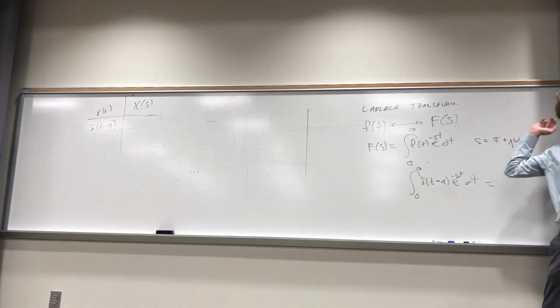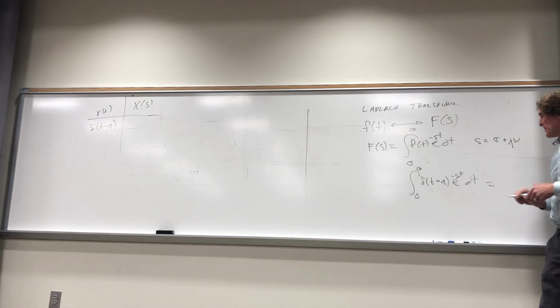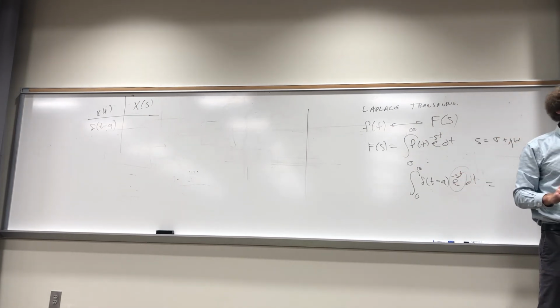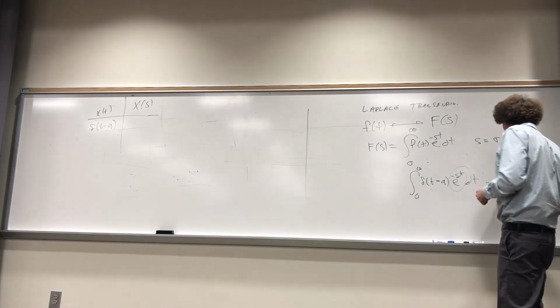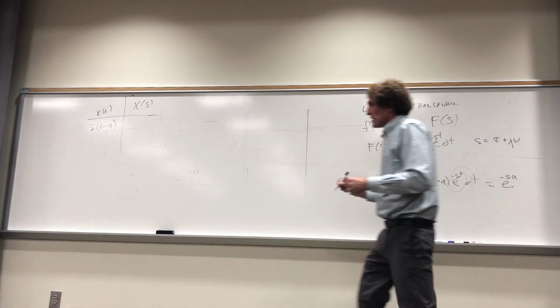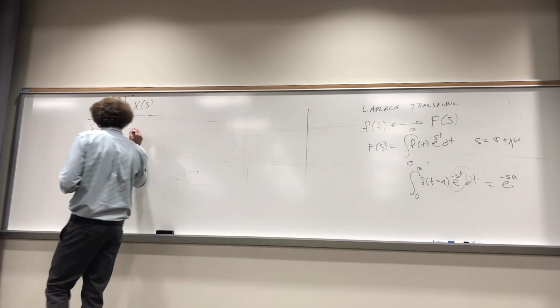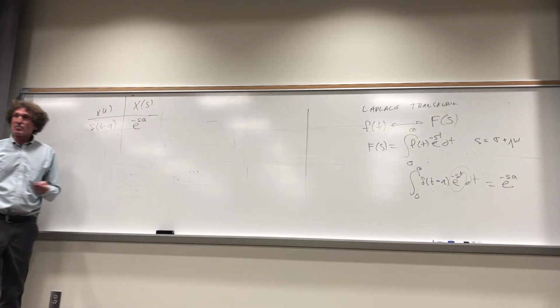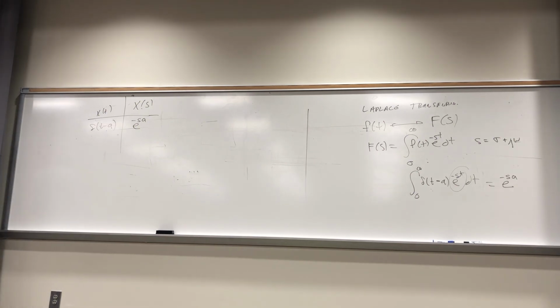When t equals a, and what do we do? We find out what's next to it and stick in a for t and pull that out. So that's simply e to the minus sa, and that's it. And that's the Laplace transform of delta function using the fundamental definition.